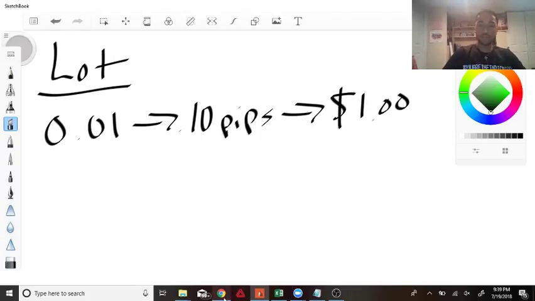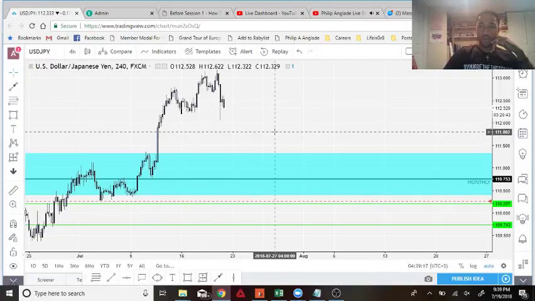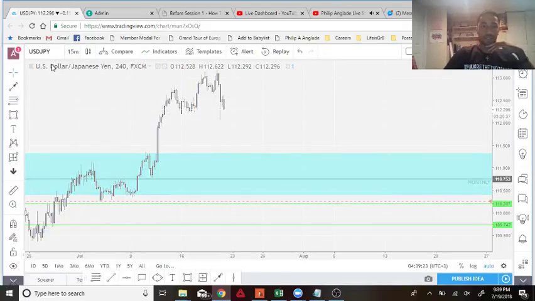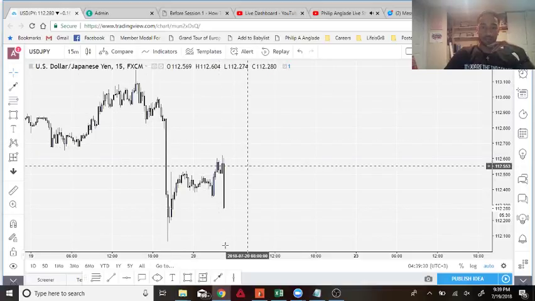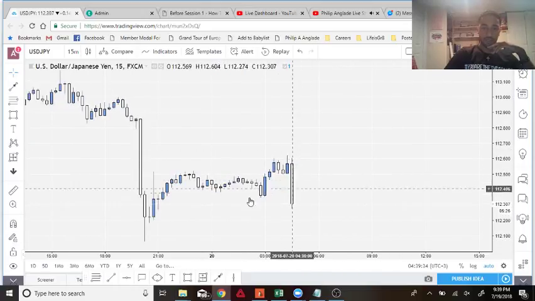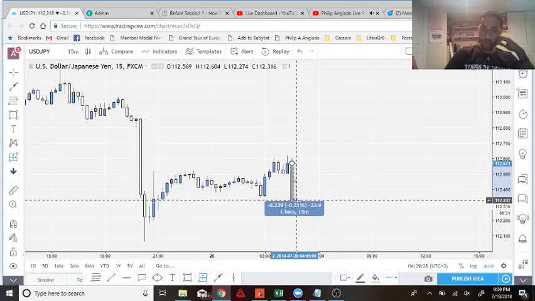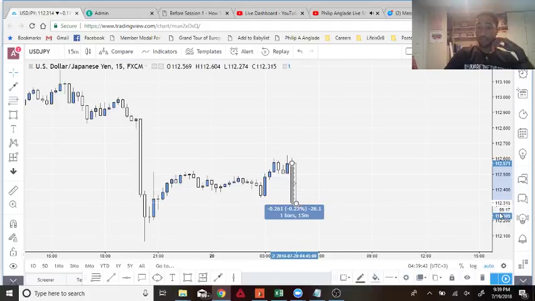So let me show you how quickly 10 pips can move. Okay, so since we've been on this live right now, this has moved 10 pips and it's actually still moving. So right now, each one of these candles is comparable to 15 minutes. I'm going to show you how large this one candle is literally within the last 10 minutes.